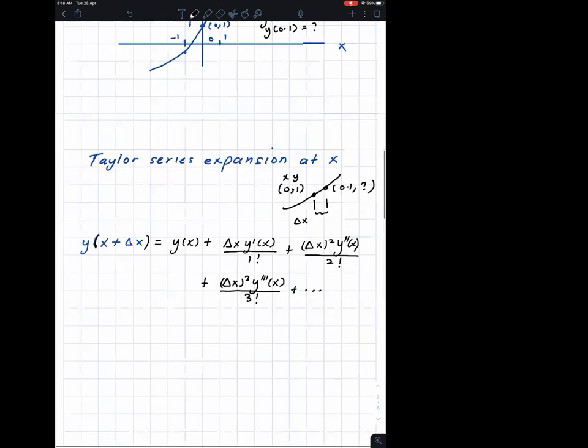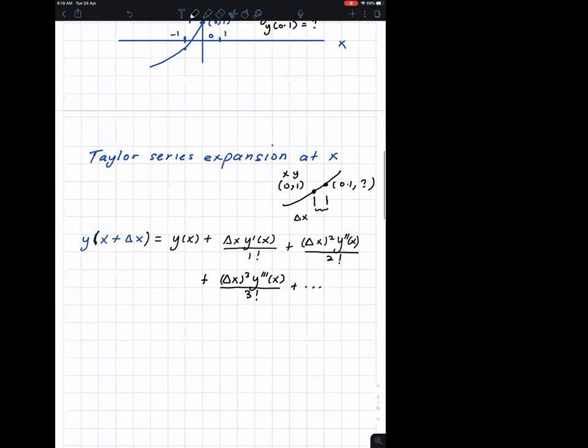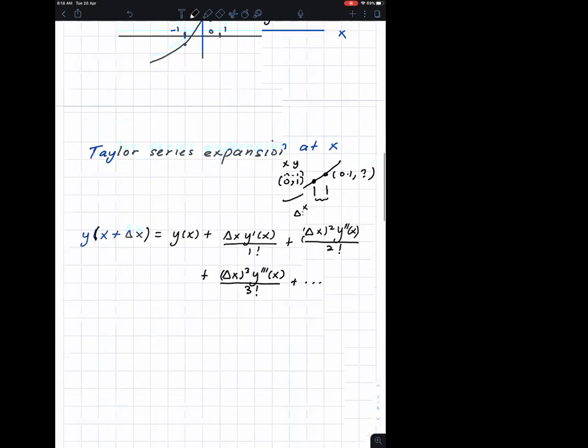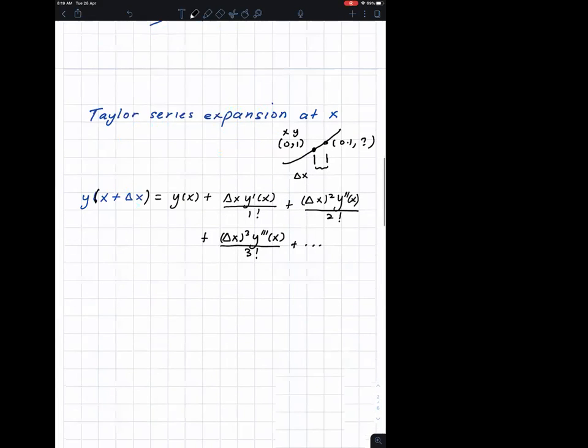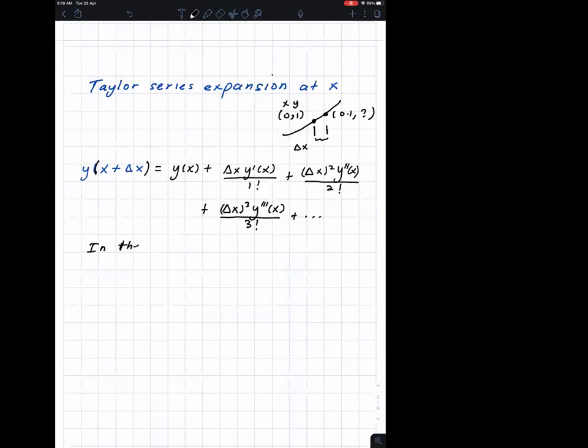Okay. In the Taylor series formula, the step size delta x is the same as h, something like a step size.